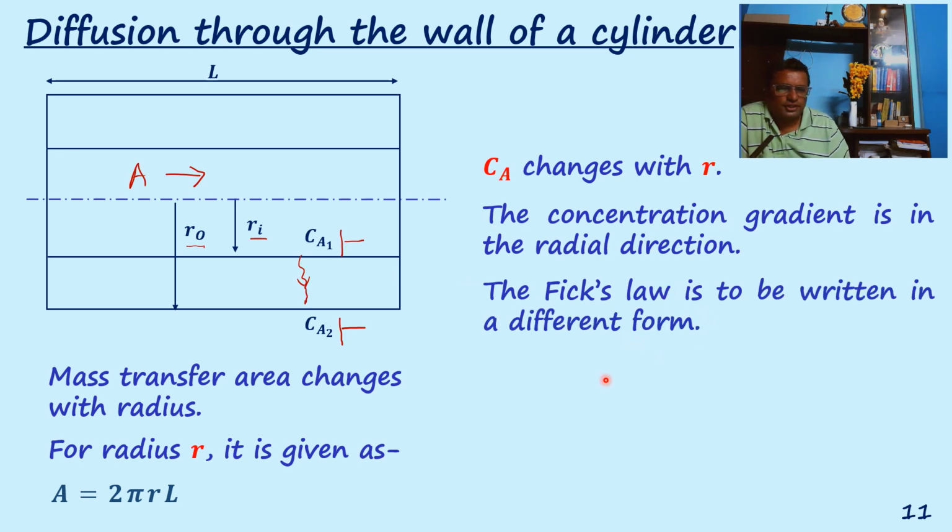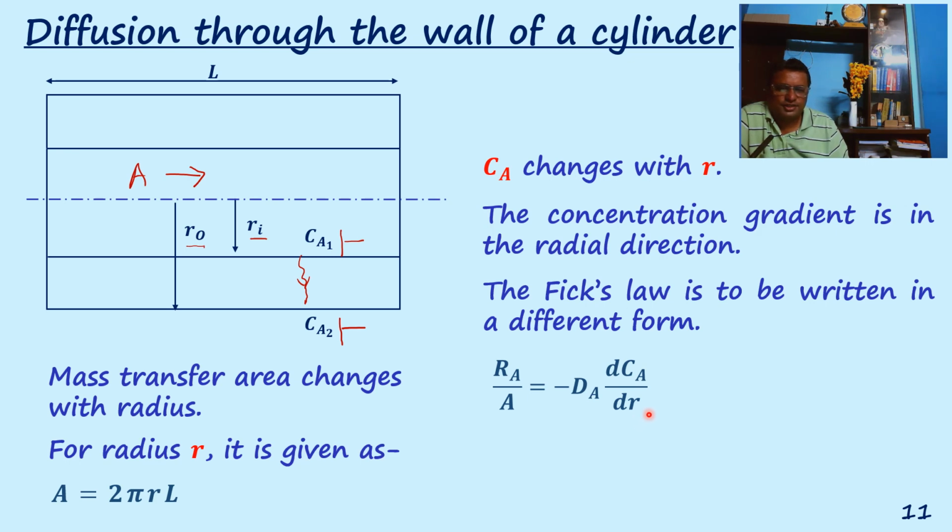Now, for this particular case, we need to rewrite Fick's law in a different form. And what is the form in this case? Fick's law will be written as Ra upon A is equal to minus DA into dCA by dr. You need to show how Ca is now changing with r.